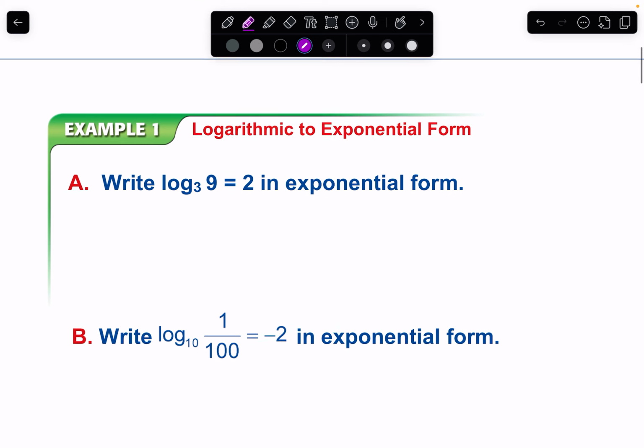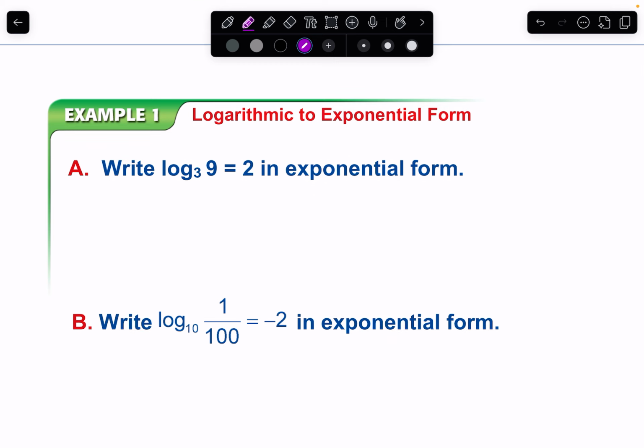So looking at example 1, it tells you to write log with a subscript of 3, 9 equals 2 in exponential form. So you are not solving anything in this question, you're just rewriting it in exponential form. Your base of 3 that is right here is going to become the base of your exponent.